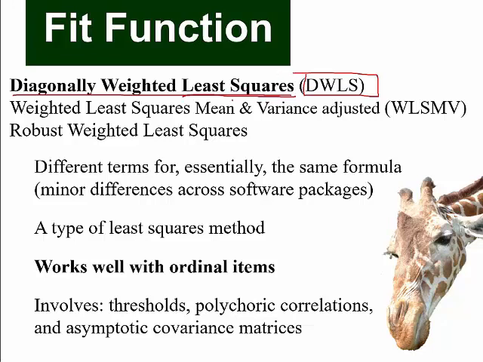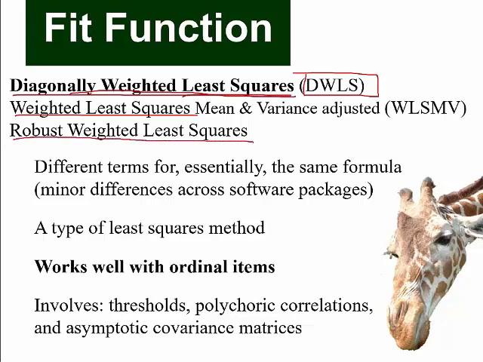Now, there are actually several different names for this approach, and different software packages and programs call it slightly different things. Diagonally weighted least squares is essentially the same thing as what's sometimes called weighted least squares mean and variance adjusted, which is essentially the same thing as robust weighted least squares.